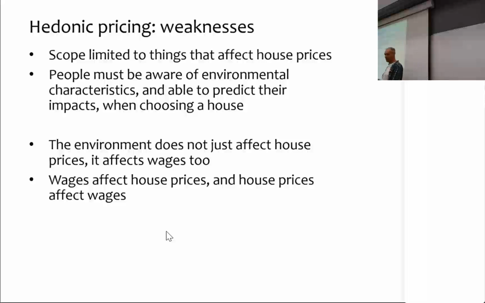And if wages are higher, then people start bidding for houses and the house price goes up, right? So those two markets are not independent of each other, and both are affected by the environment. And that creates a challenge with the econometrics that we typically only deal with at PhD level, right? But it can be solved, but it creates issues.